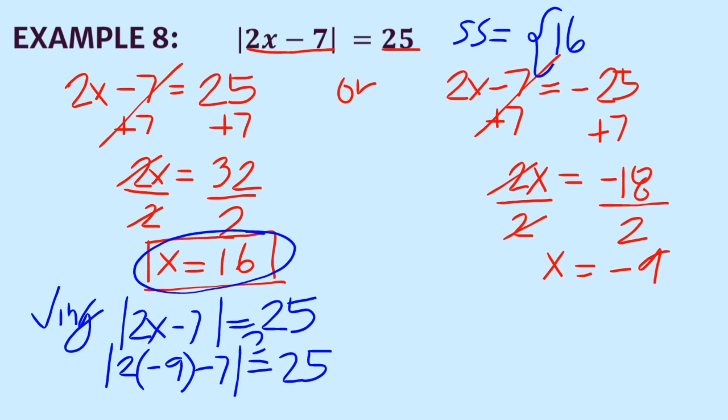Now, what is 2 times negative 9? It is negative 18. What is negative 18 minus 7? It is negative 25.